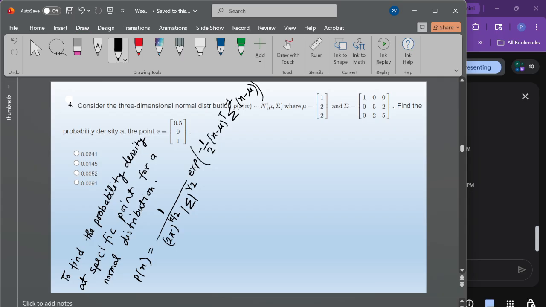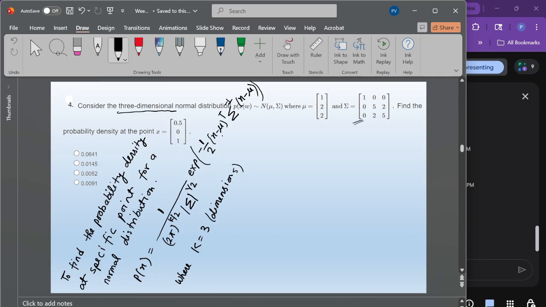Okay, so here it is given as a three-dimensional normal distribution. So here k represents the dimension. So k is equal to 3, that is three dimensions, and mu is our mean vector and this one is our covariance matrix.